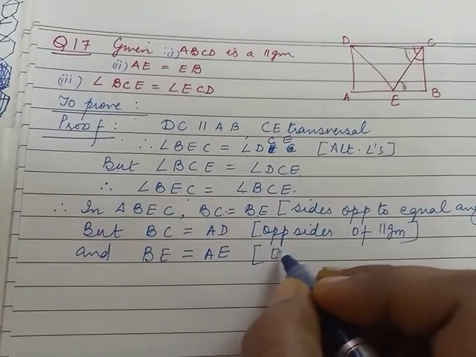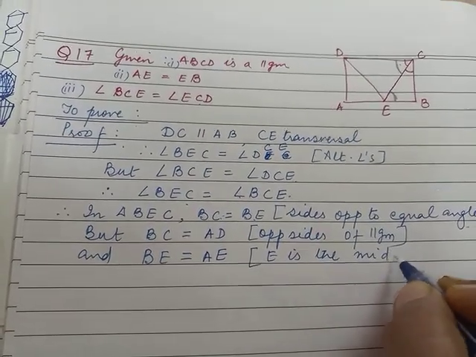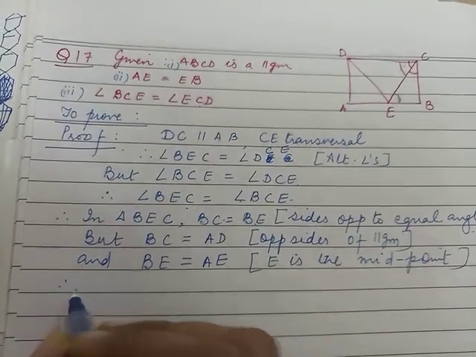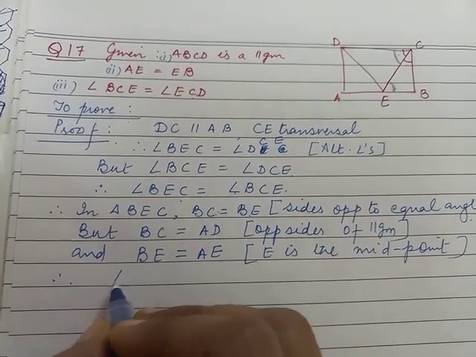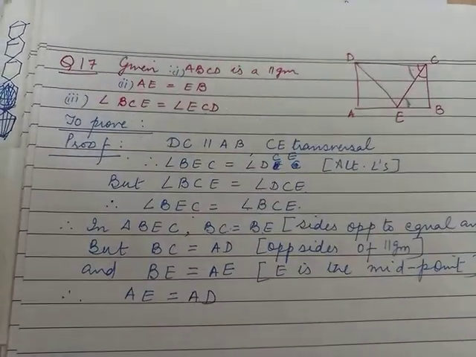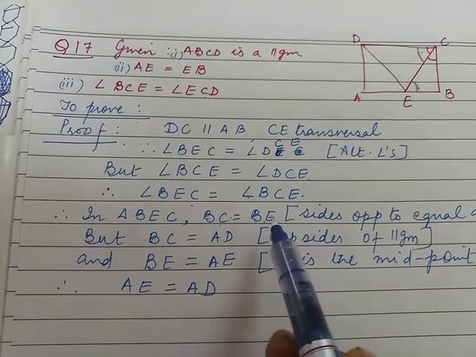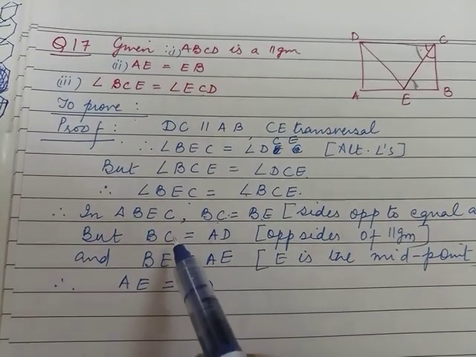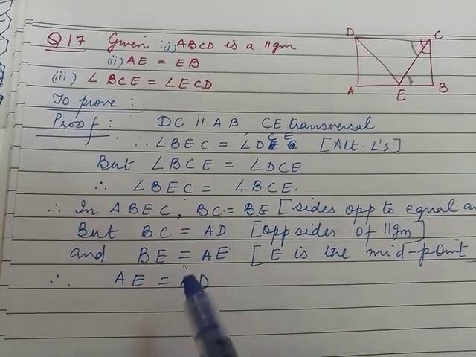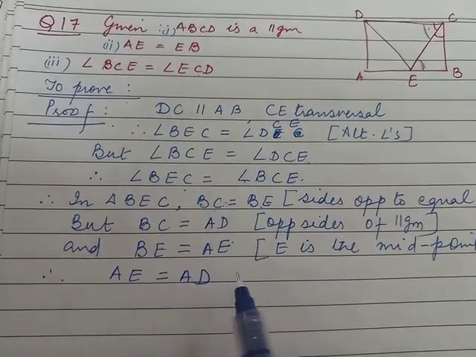Reason, E is the midpoint. Therefore, AE is equal to AD. We conclude from here BC is equal to BE and BC is equal to AD and AE is equal to BE. So from these three, we conclude that AE is equal to AD.